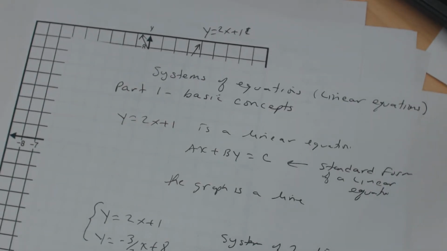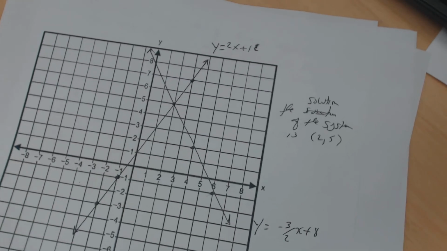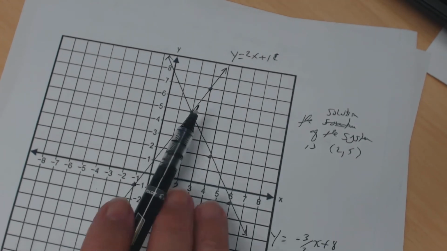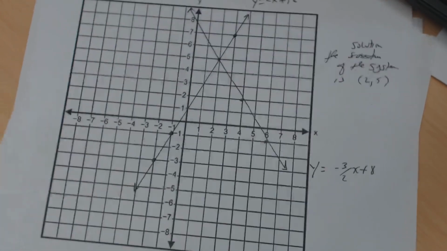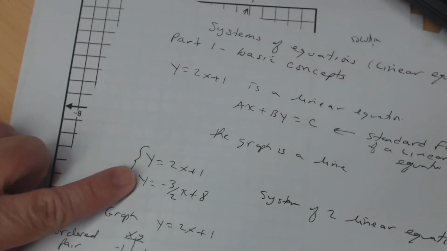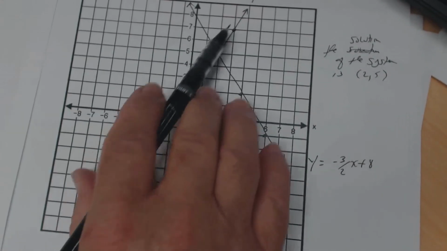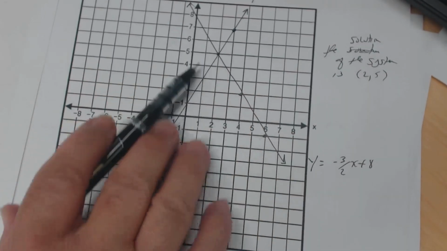Okay? Alright, now, one thing I need to mention, and let's do it now. When you solve a system, notice that this system here had only one solution, and those two graphs intersected at one point.